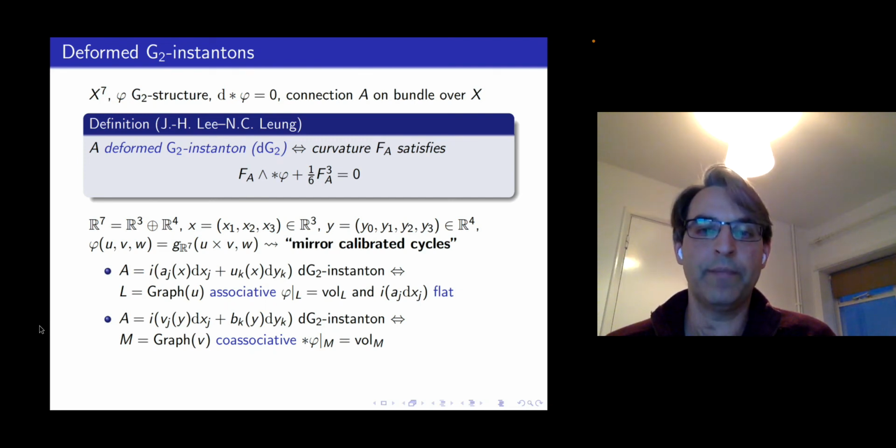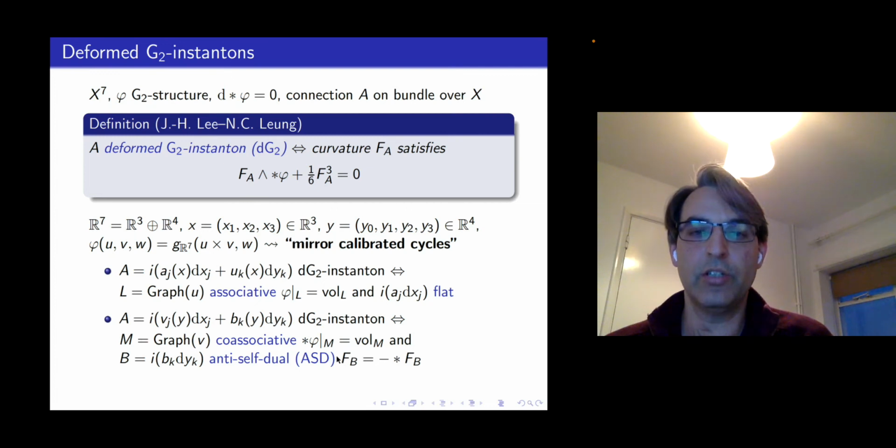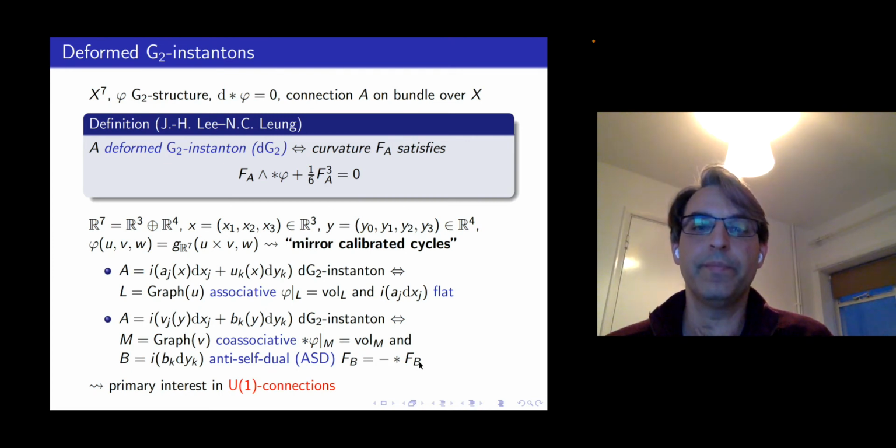They depend on y. Well, it turns out that they have to define an anti-self-dual connection, or ASD for short. And let's remind ourselves what that means. That means that the curvature 2-form, FB, is minus the Hodge dual of FB. And this makes sense because we're in 4 dimensions.